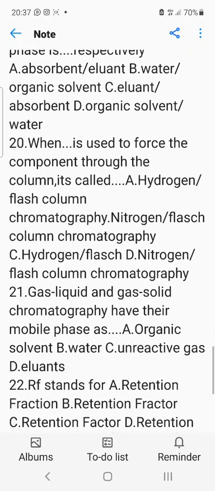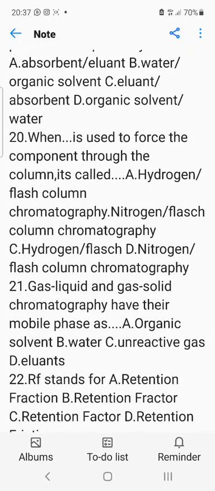Number 20. When dash is used to force the components through the column, it is called dash. A, hydrogen flash column chromatography. B, nitrogen flash column chromatography. C, hydrogen flash column chromatography.